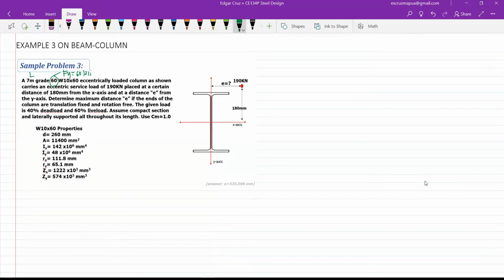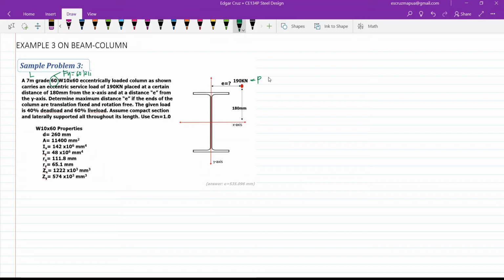Okay, so this column section carries an eccentric load of 190 kilonewton. This is the P applied, 190 kilonewton, applied at a certain 180 millimeter from the x-axis and at a distance E from the y-axis.